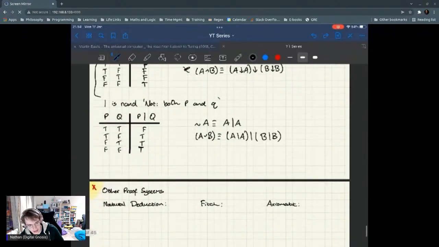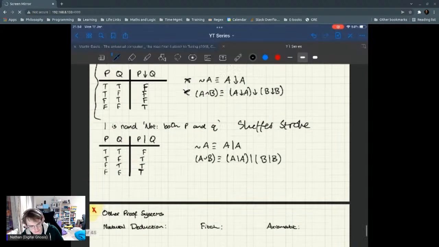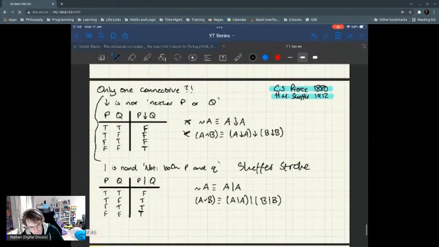And then you have this symbol, the Sheffer stroke, and it is expressively adequate also. You can see that that's not and. And similarly, they're kind of like the dual of each other.